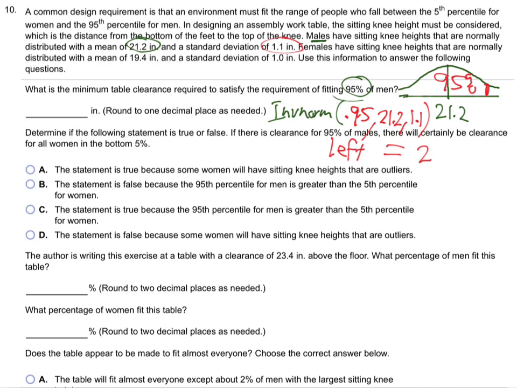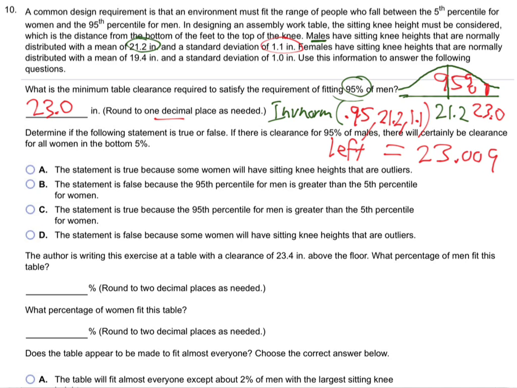I'm getting 23.009. So round to one decimal. So just 23.0? So 23.0 inches, 95% of men would be below that.